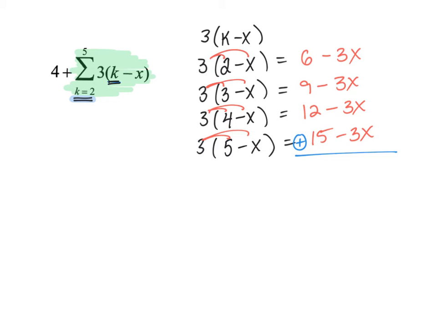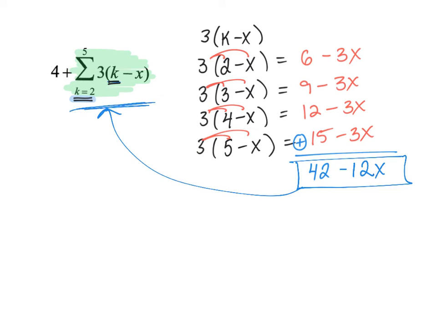Okay, I got 42. And then again in the calculator, you don't put the x in, but negative 3 plus negative 3 plus negative 3 plus negative 3, you should get negative 12, or negative 12x. So this is my answer for the sum. Then to get the final answer, we just have to make sure we add 4 to it.